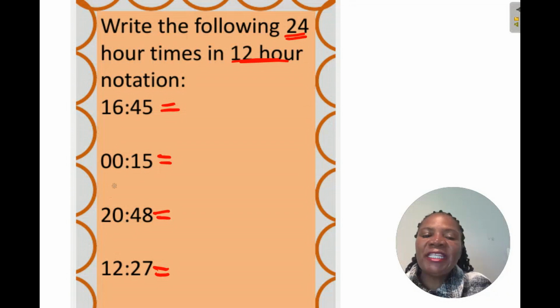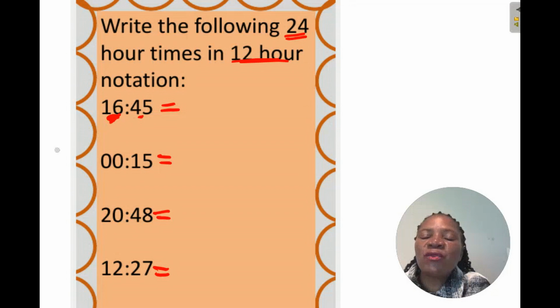When it is in the morning, the numbers are less than 12. And when the numbers are more than 12, then we know that 12 hours of morning have been included. Okay, so we have 16:45.